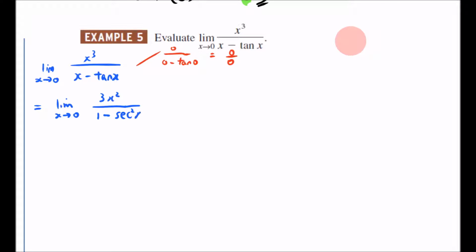Okay, so again you put x equals 0 into the numerator and the denominator, you get 0 over 1 minus secant square 0. Now what is secant square? Secant square is actually 1 over cosine square 0.